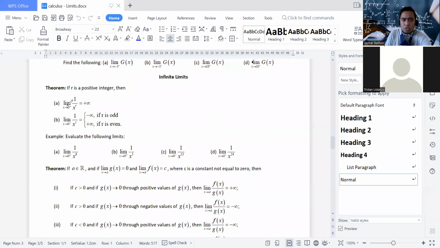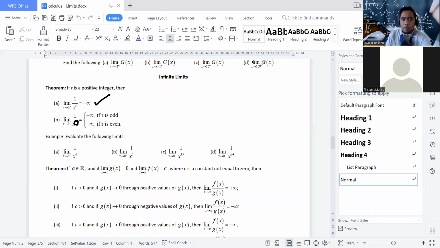where x approaches 0 from the right-hand side, one-sided limit, is equal to positive infinity. Okay? If you see this form, wherein x approaches 0 from the right-hand side, automatically the answer is positive infinity. And if you have the limit of 1 over x to the r as x approaches 0 from the left-hand side, then it will vary on the parity of that r.